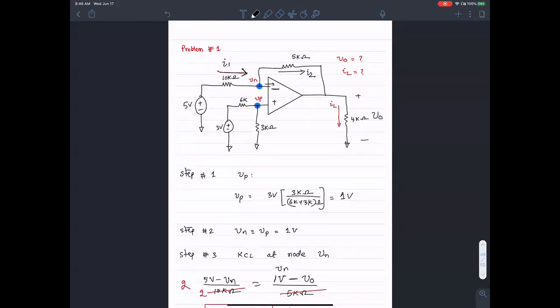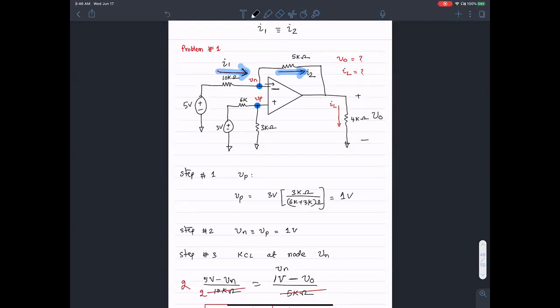Let me say that again. If I chose the direction of current to be flowing in through this branch and flowing out through that branch, I could apply a KCL equation that says the current coming in equals the current flowing out.